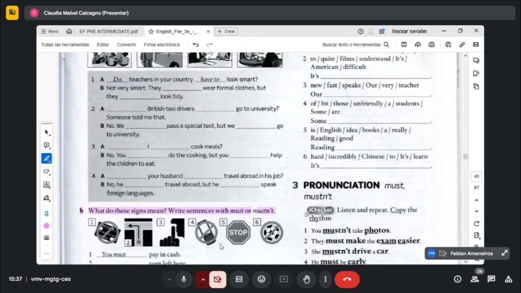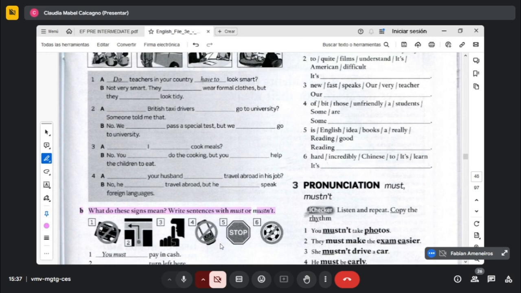B. No, he doesn't have to do the cooking, but he has to help. 5A. Does he have to travel abroad in his home? B. No, he doesn't have to travel abroad, but he had to speak foreign language.